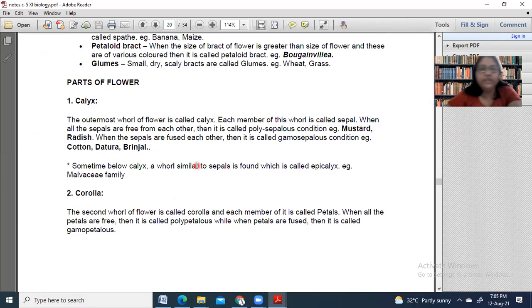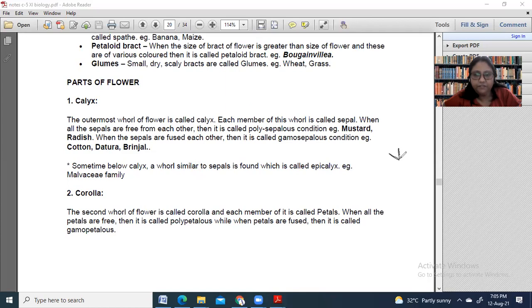So we already know that the outermost floral whorl is known as calyx. If each part of the calyx is separate, we call it polysepalous. If it is not, we call it gamosepalous. Let us understand.